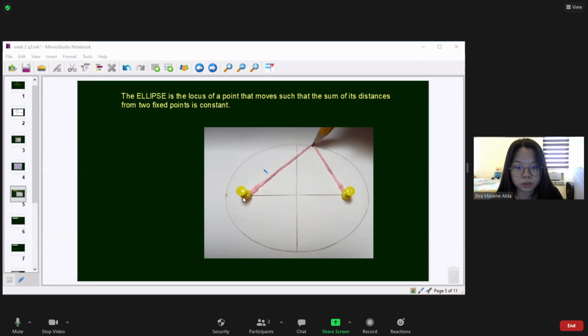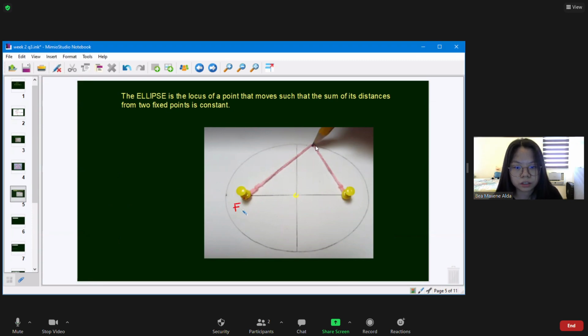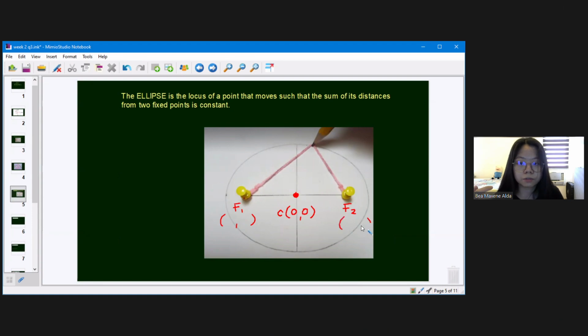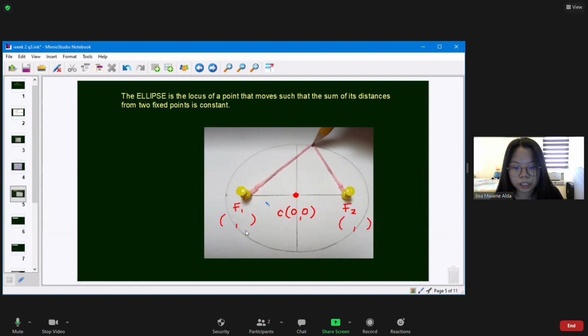So yung pins, yun yung fixed points, and then right here is the center. So para mas madali, i-label natin yung center as 0, 0. There we go. And then sa first point, we'll label that as negative c, 0.